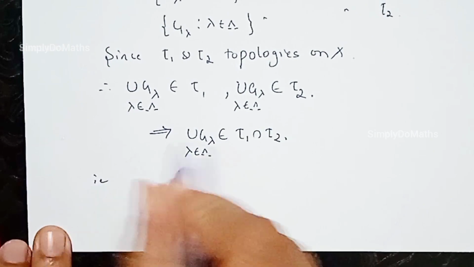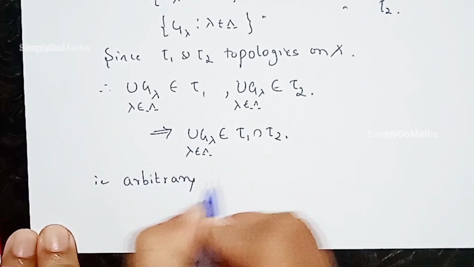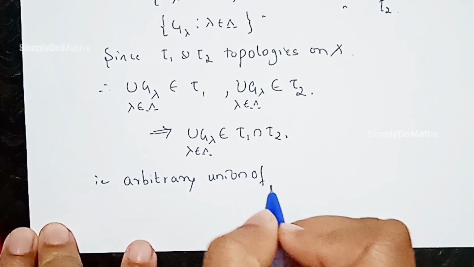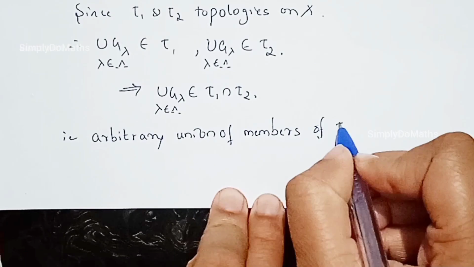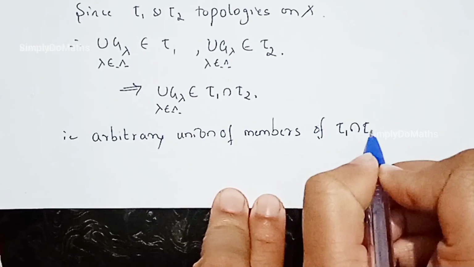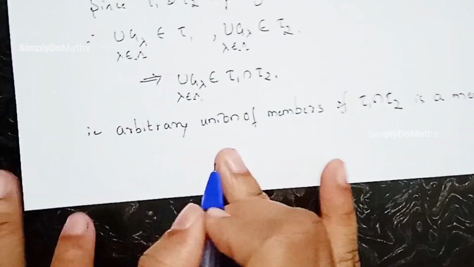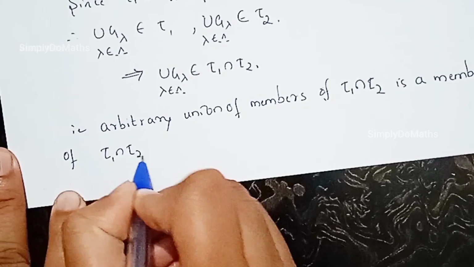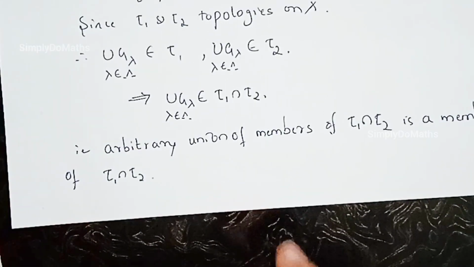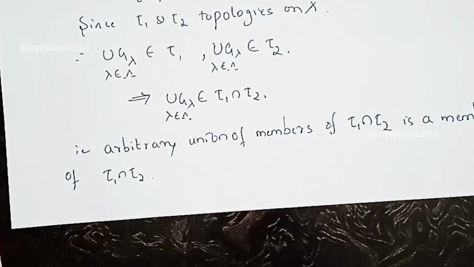That is, the arbitrary union of members of tau1 intersection tau2 is a member of tau1 intersection tau2. So this is the second property, and we need one more property which is for intersection.